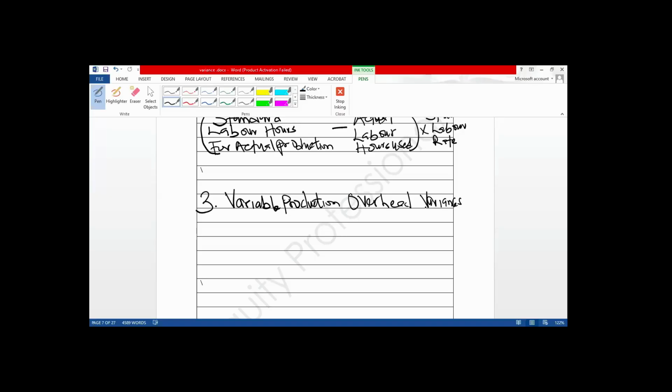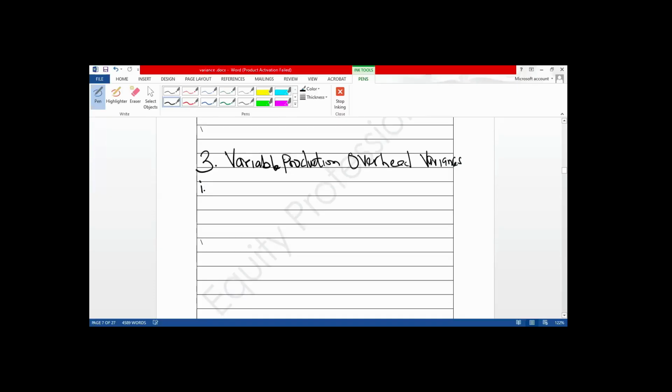You can divide this into two. Figure 1: we have variable production overhead expenditure variance, where your actual variable overhead cost incurred is different from the expected variable overhead cost.